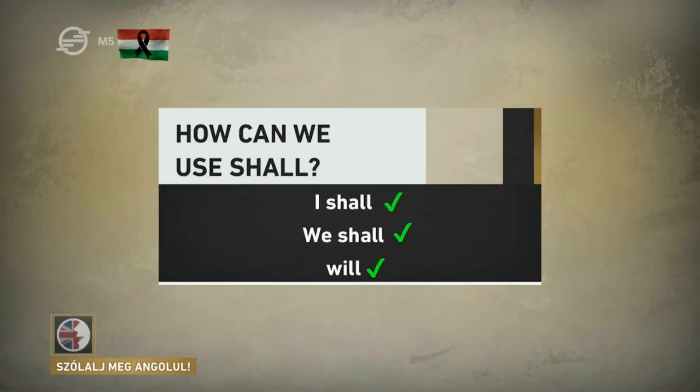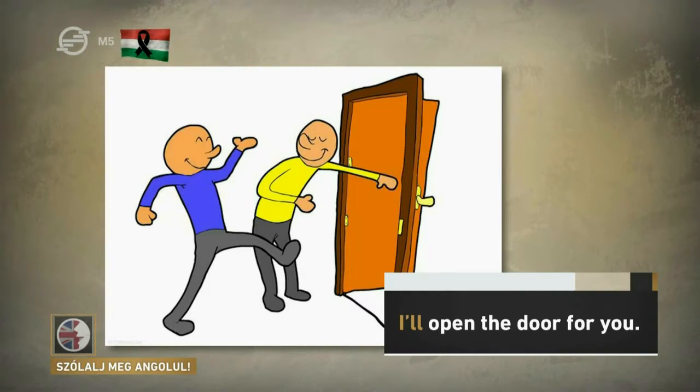All right, now let's get back to will, shall we? Now we know that we use will to talk about the future. We also know that we often use will with I think. Now we often also use will when we offer to do something for someone.